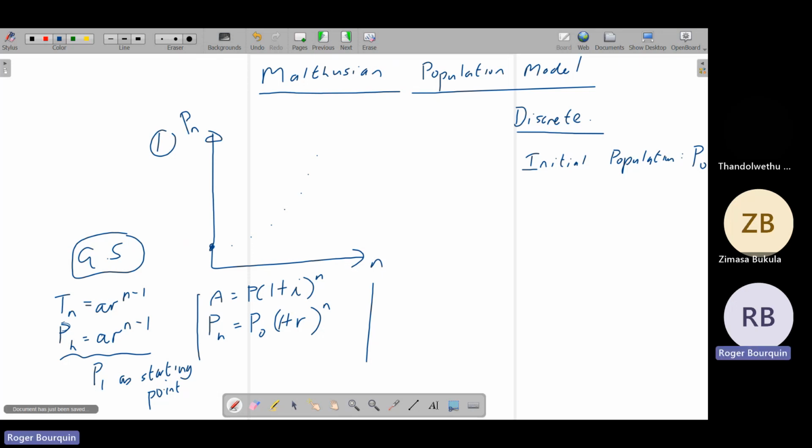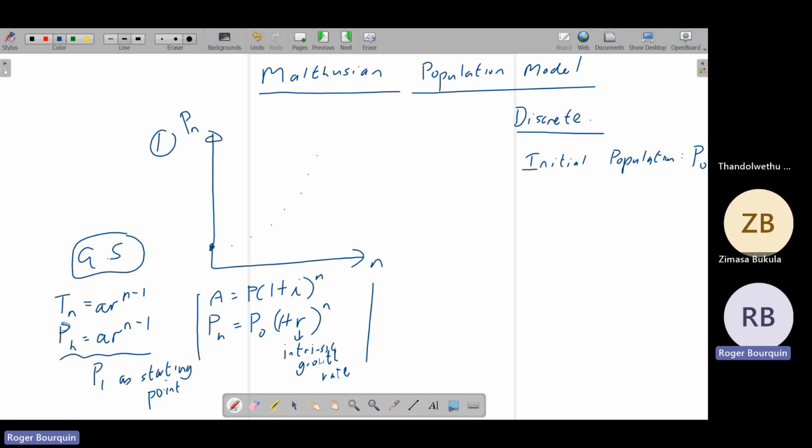So this parameter R is the growth rate of your population, the intrinsic growth rate. An intrinsic growth rate is an optimal growth rate. All the models, well, the next model as well, apart from Malthusian, also work with R. So R is the growth rate under optimal conditions.